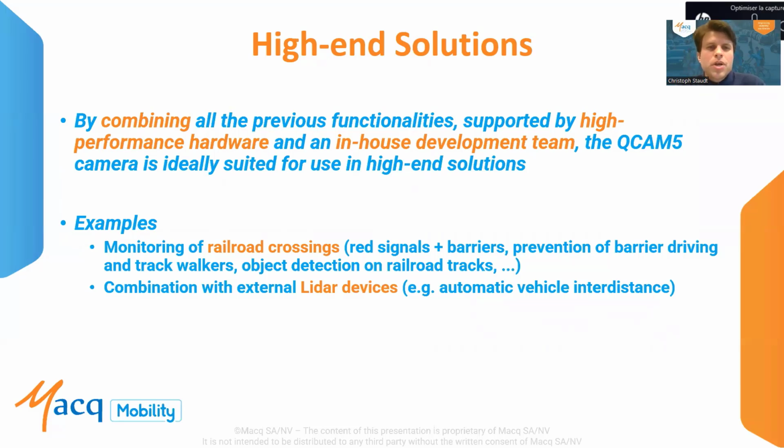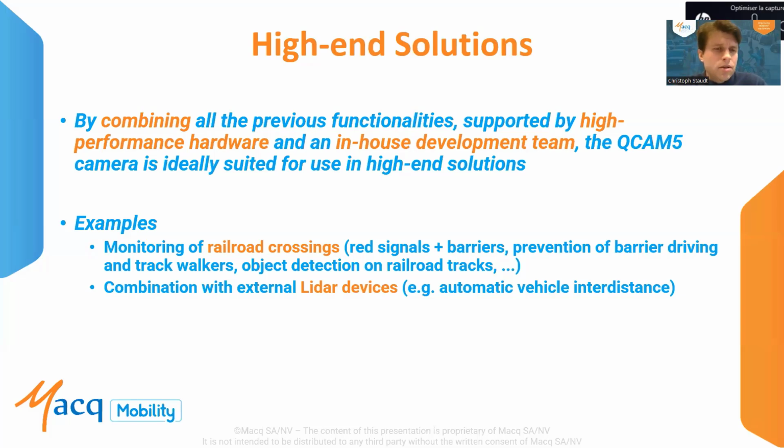On top of that, we are a company of a certain size, which means we have development teams who are able to react very fast and to develop, or to train, our camera for your specific needs.